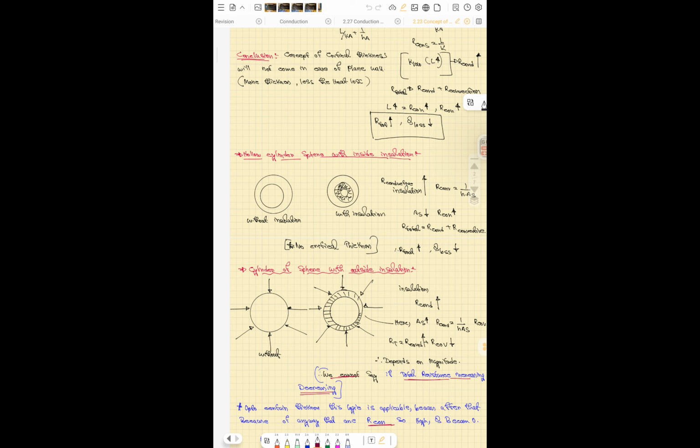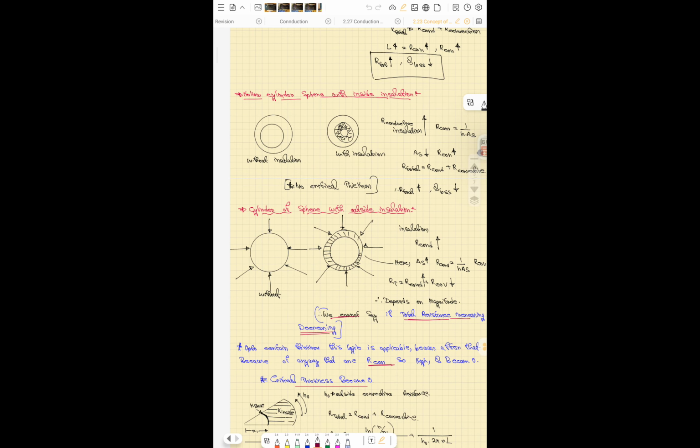With insulation, the conduction resistance is increasing. Convection is 1 by hA, and as area increases the convection resistance is decreasing, so the total is going down. So in a cylinder, conduction resistance is increasing as convection resistance is decreasing, so depending on the magnitude both are changing.